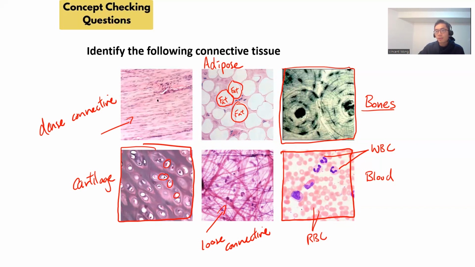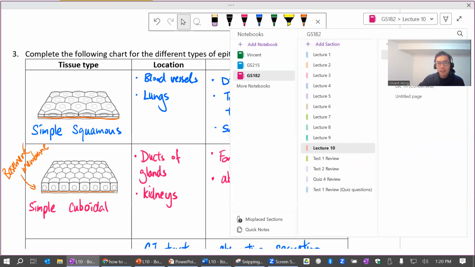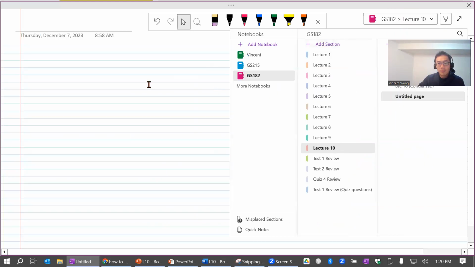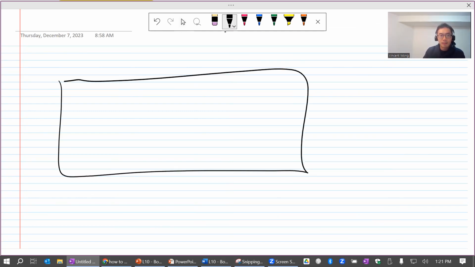Okay, let's do a quick summary of everything we've done so far so that we are not too confused. So get a piece of paper and do it sideways, okay? So put tissue here in the top.